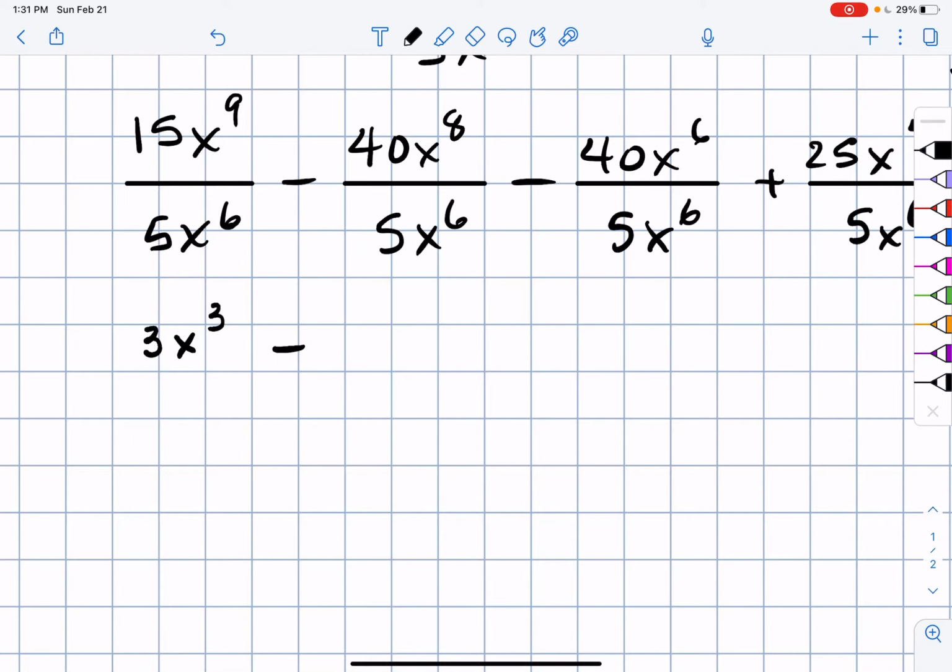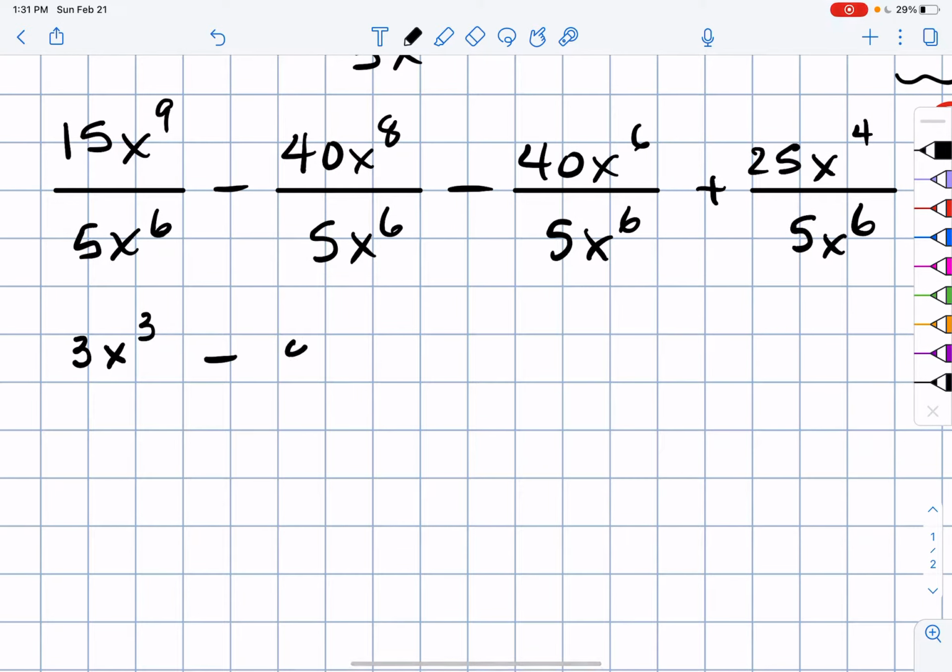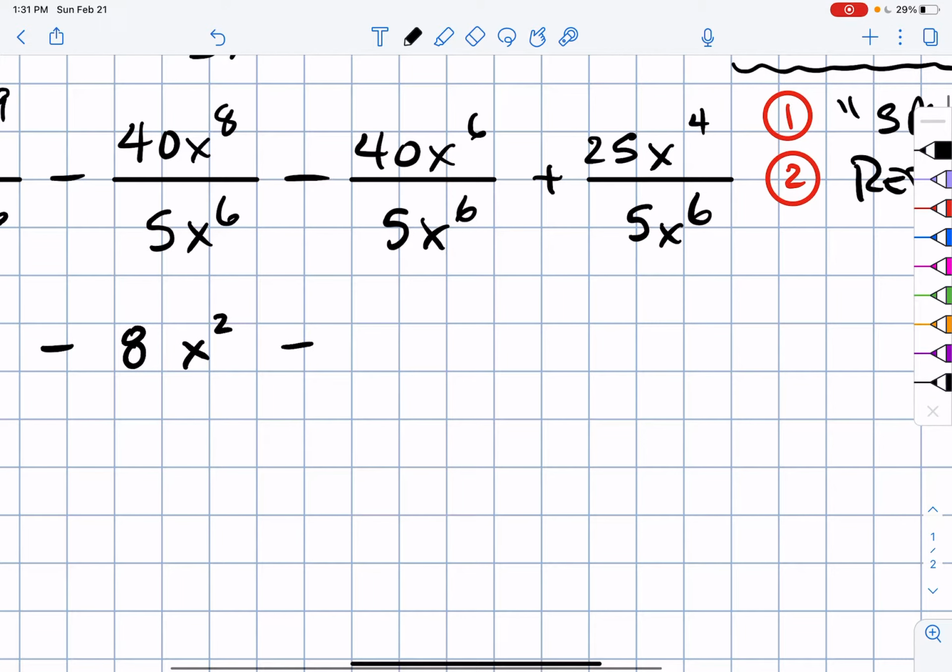Minus 40 divided by 5 is going to be an 8. 8 x's on top, 6 x's on the bottom. I'm left with an x squared. Minus 40 divided by 5 is an 8. I got 6 x's on the top, 6 x's on the bottom. They all go away, and that part's done. So now I got the last one left.